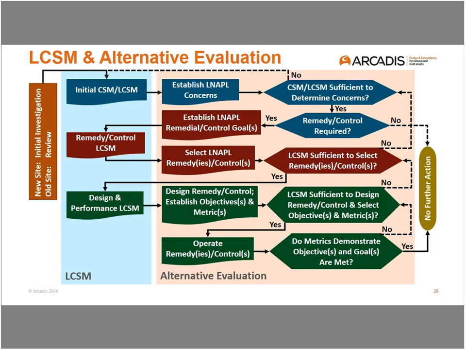So here's a big complex flow diagram that starts to tell us how we're going to use our LCSM to evaluate different alternatives for remediating LNAPL sites. So we start here, either you've got a new site and you've got some initial investigation, or an old site and you're reviewing old site data.